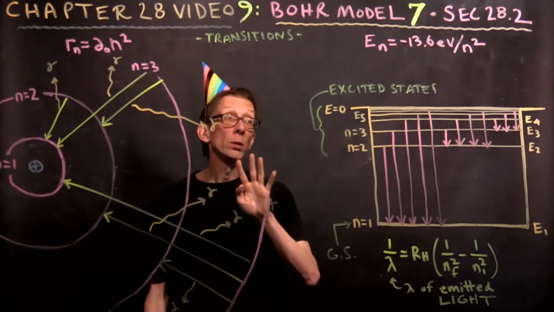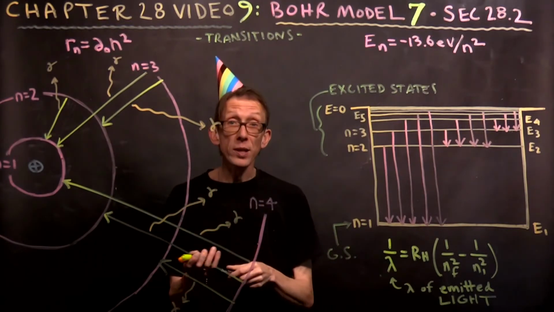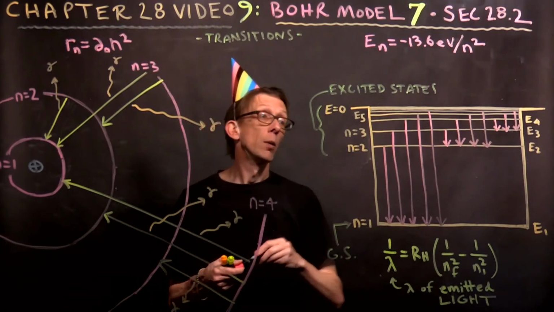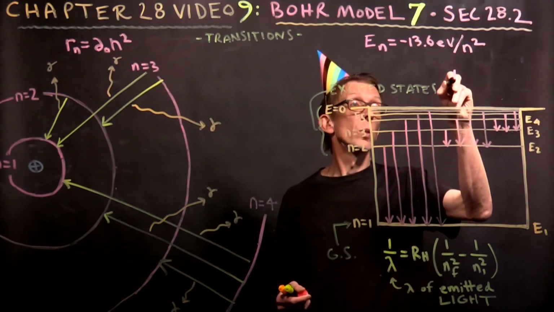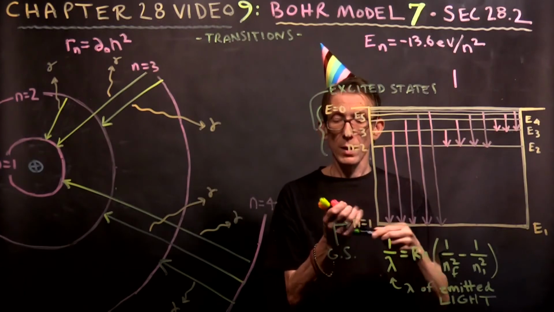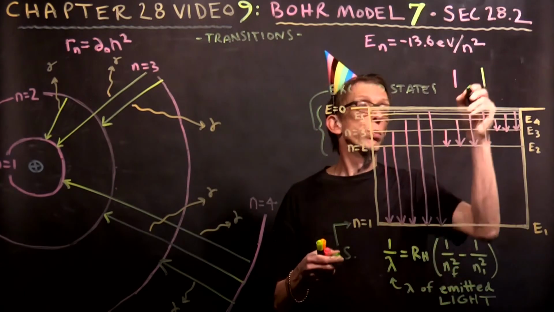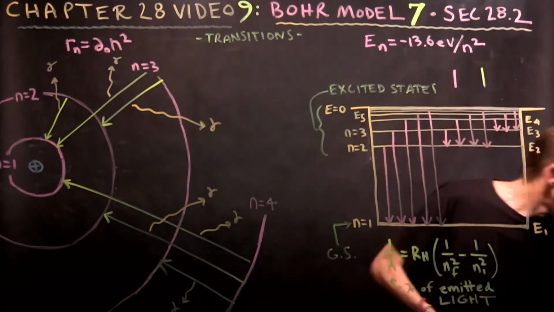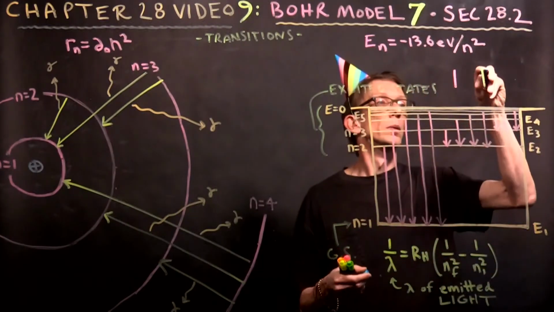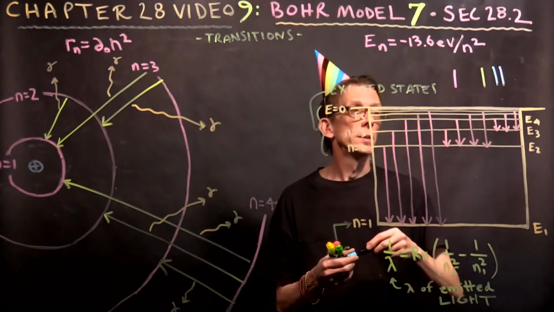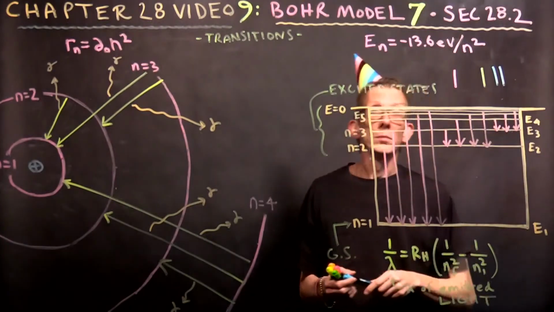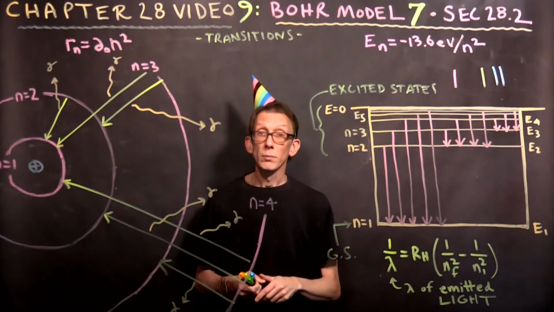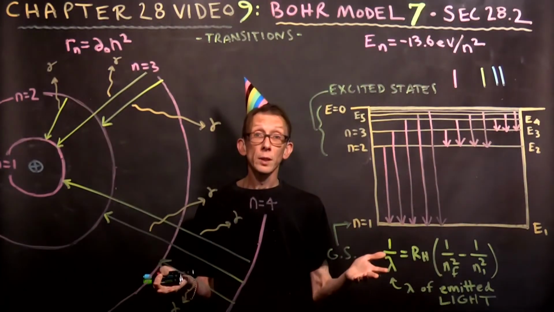And the 4 colors that we see in the hydrogen spectrum. Remember the 4 colors? The red. There was also a blue. And then there were 2 deep purples, like that.